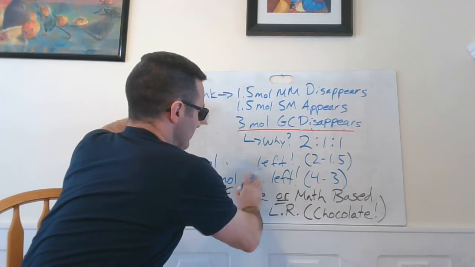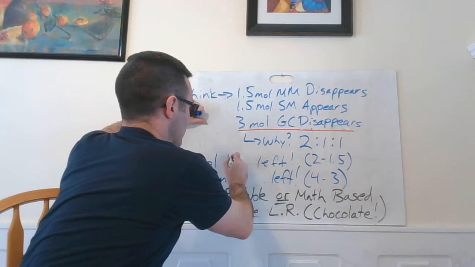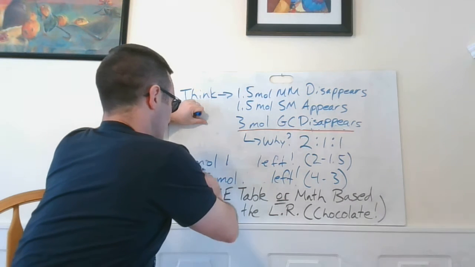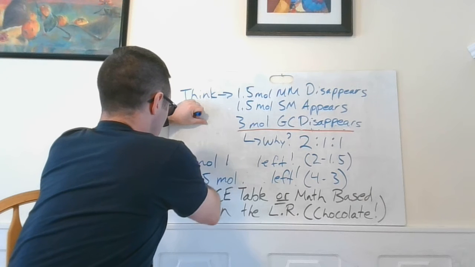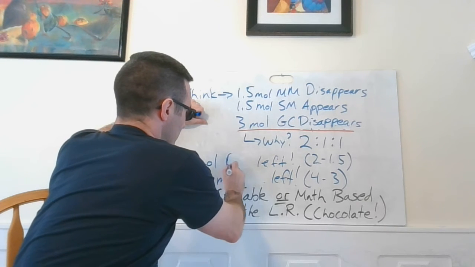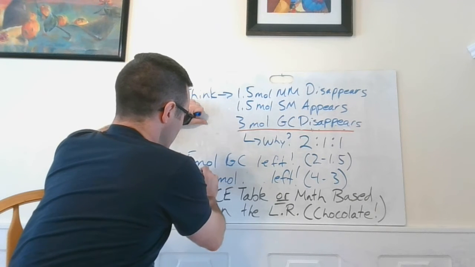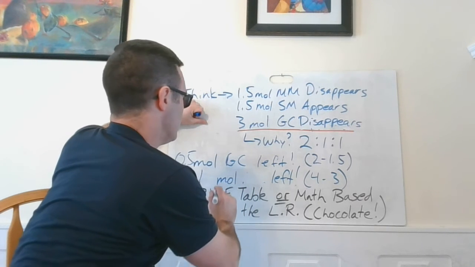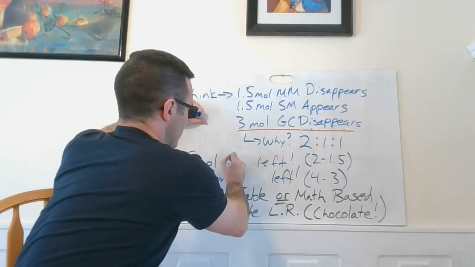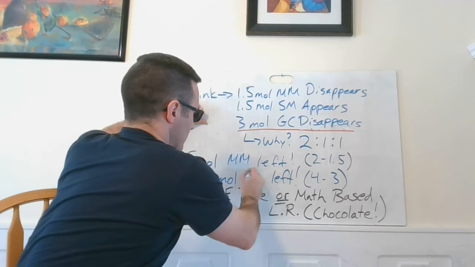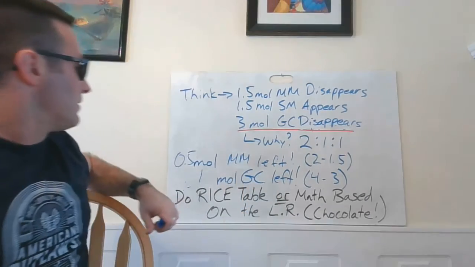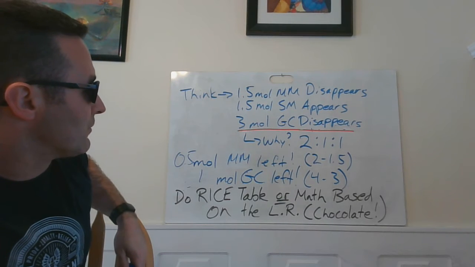So flip this around too. 0.5 mole of marshmallow left, and 1 mole of graham cracker left. Why?